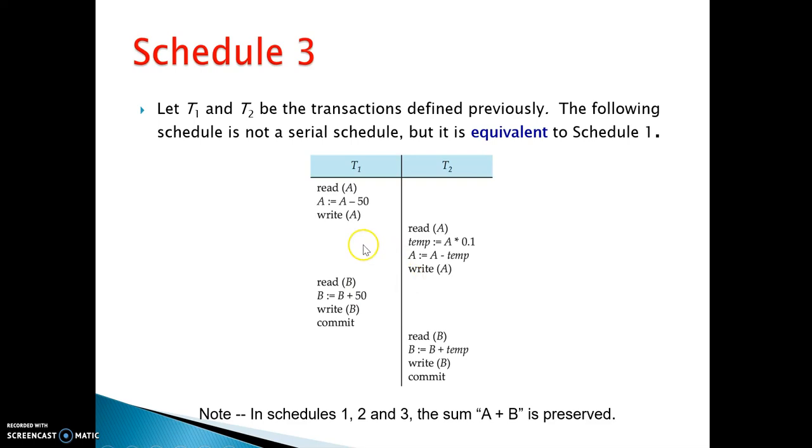So T1 and T2 execute simultaneously, switching the execution between T1 and T2. Once completed, the final values of A and B should be preserved. If they are preserved, then consistency is maintained.